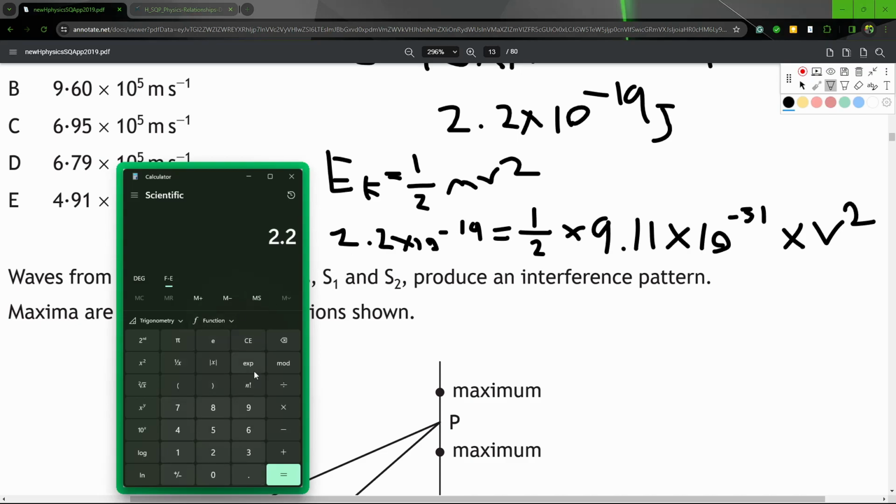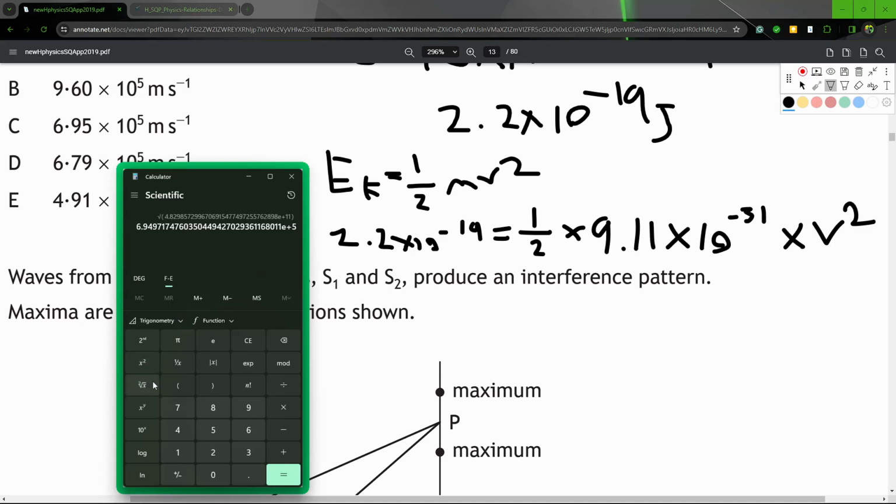So 2.2 divided by 0.5 times 9.11 equals that. That gives us this number, which is far too fast. As you can see, it's beyond the speed of light.